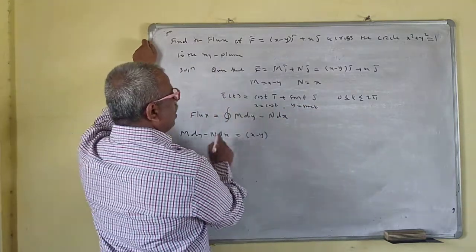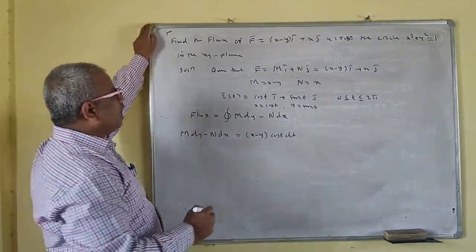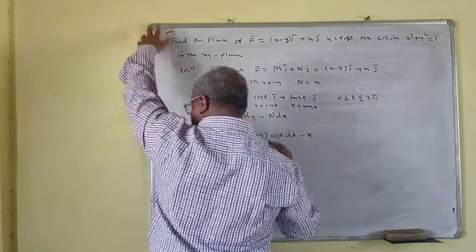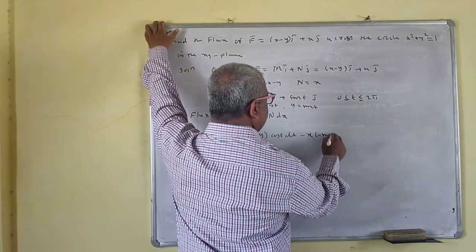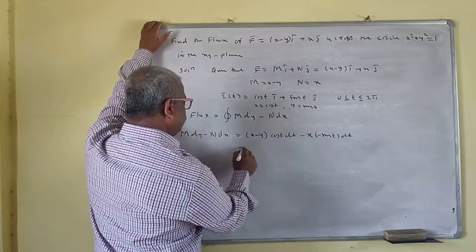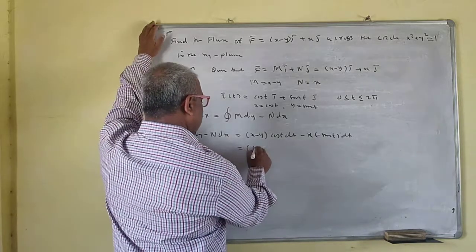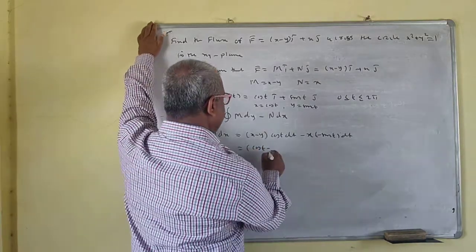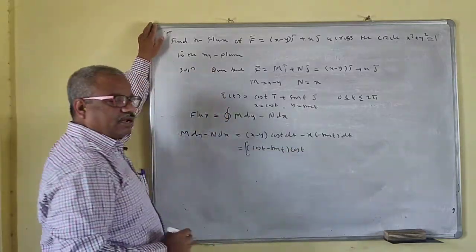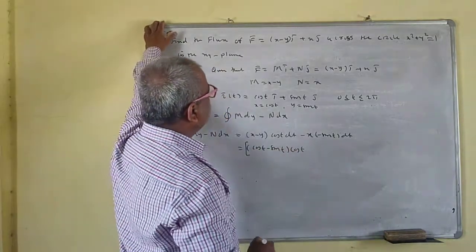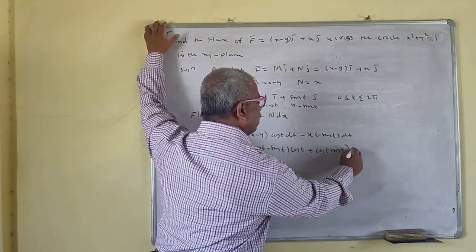What is dy? cos t dt. Minus n dx. Your n is x, so dx is minus sin t dt, and x is cos t. So this is cos t minus sin t cos t. We'll take dt common. X is cos t, so this is cos t sin t dt.